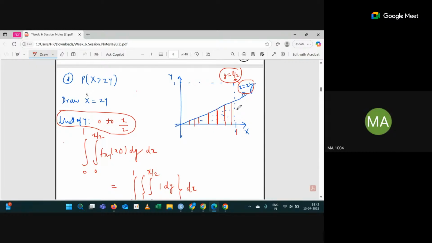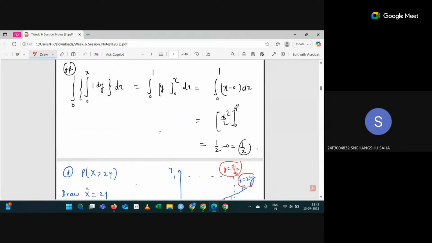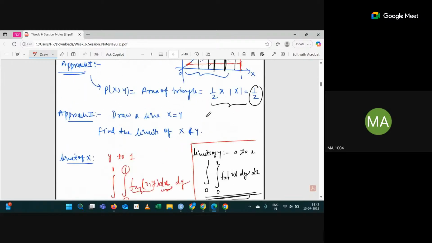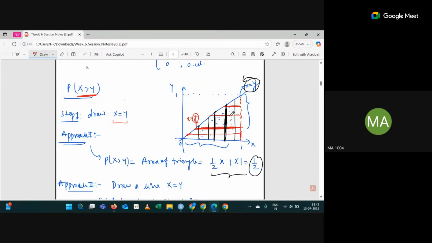Tell me, what is it? 0 to 1, you should write. Oh, no. It's not 0 to 1, it is something else. No, this should be 0 to half. Just think: in this case, if you draw a line parallel to x, y can take any value from 0 to 1, right?